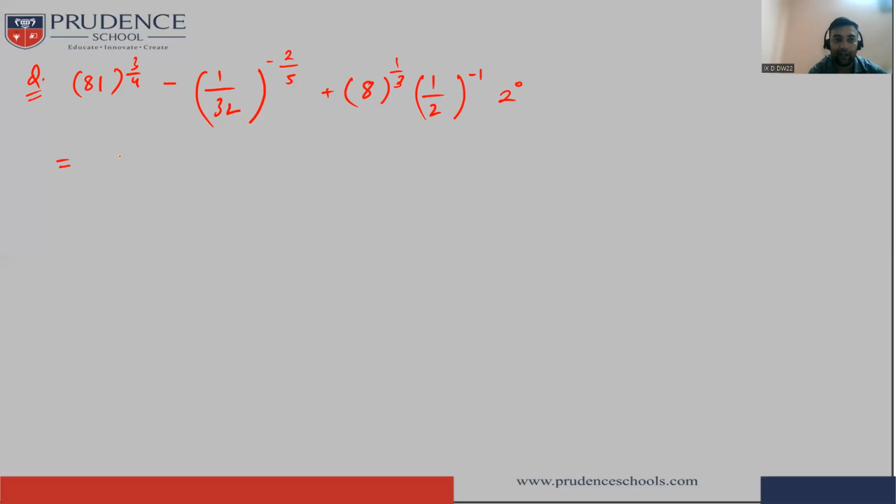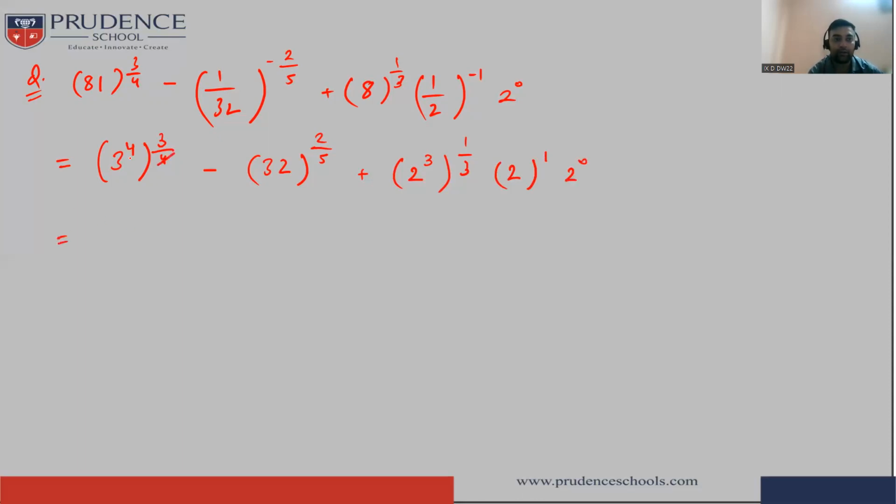So 81 can be written as 3 raised to power 4 whole raised to power 3 upon 4 minus, this can be written as 32 raised to power 2 by 5, then plus this can be written as 2 raised to power 3 whole raised to power 1 by 3. This can be written as 2 raised to power 1 and into 2 raised to power 0.